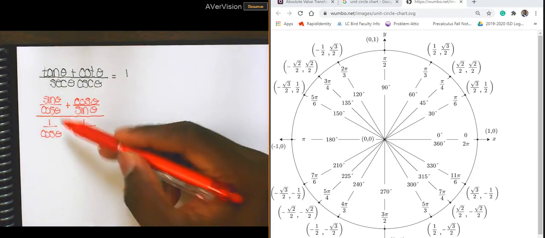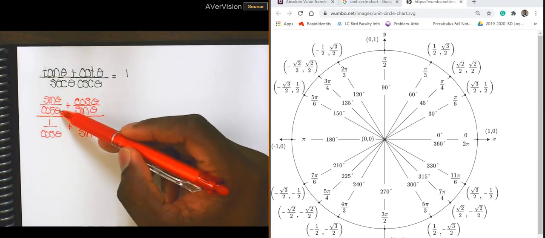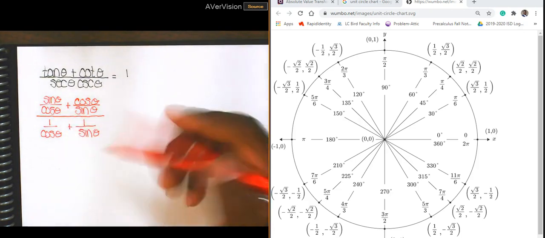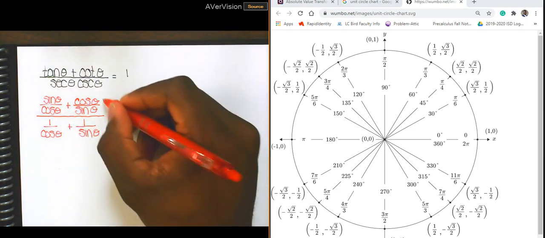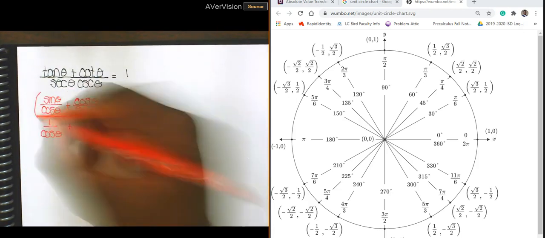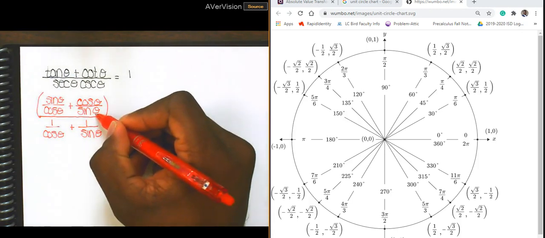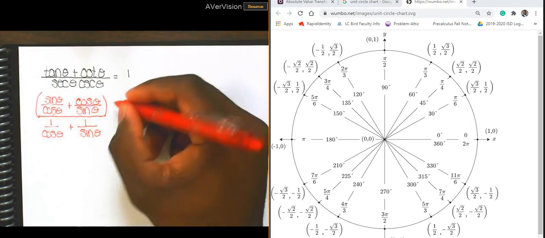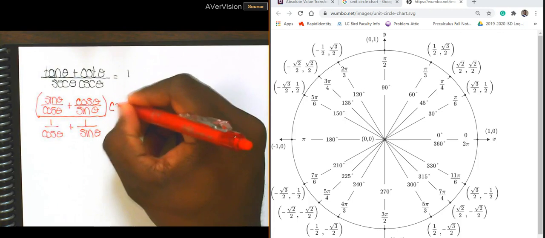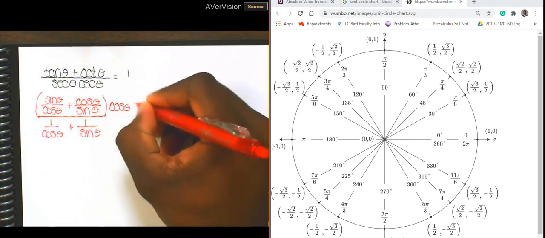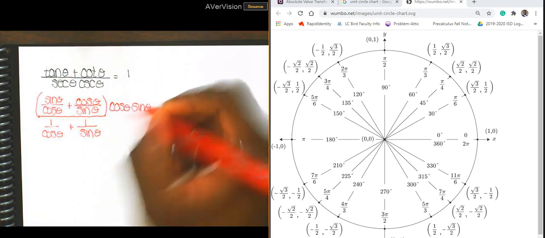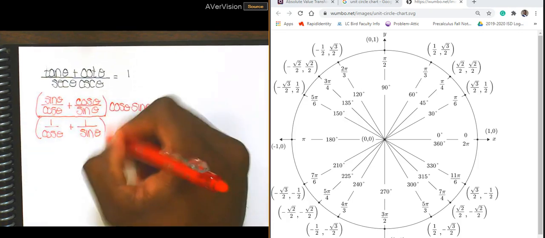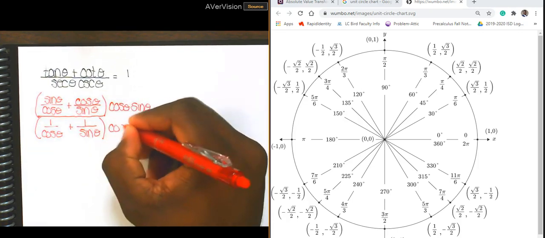So what do we have to multiply this by to get rid of this denominator? And what do we have to multiply this by to get rid of this denominator? So what if we multiply by cosine sine?